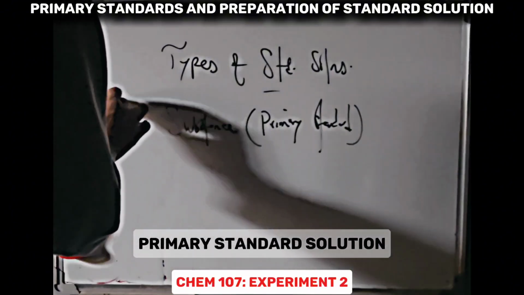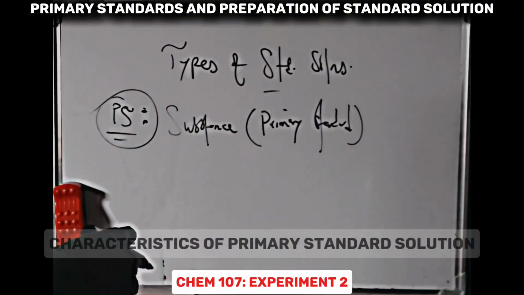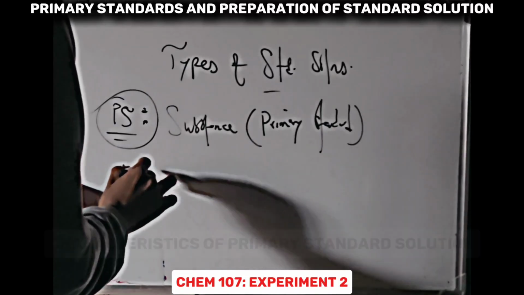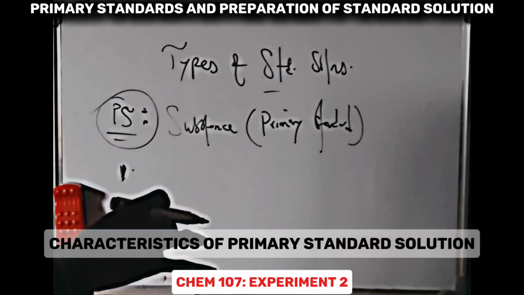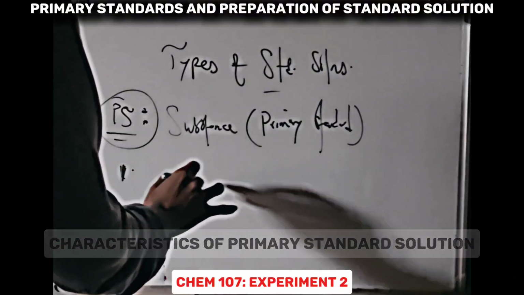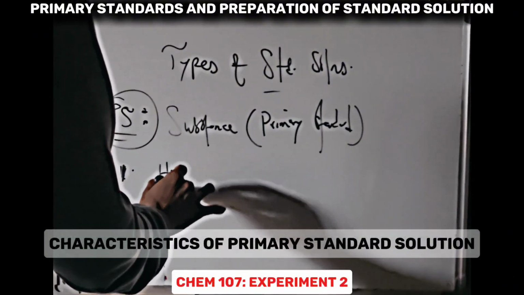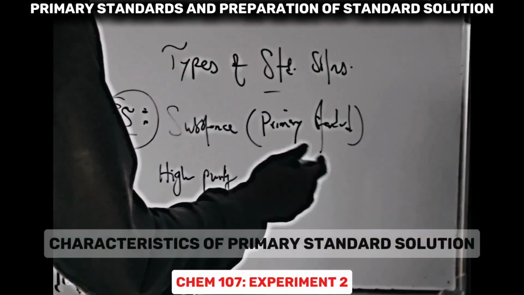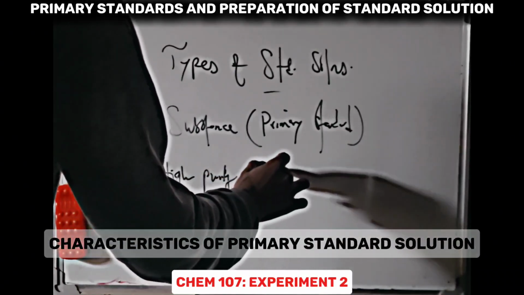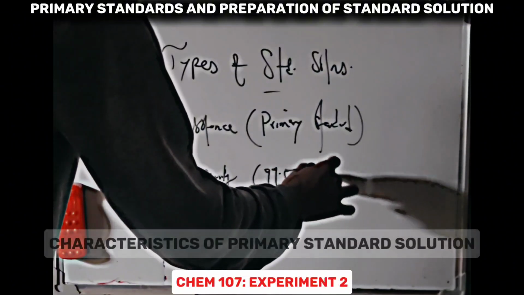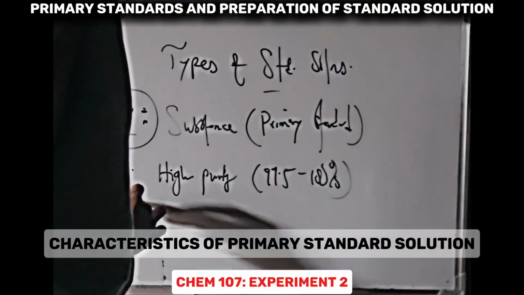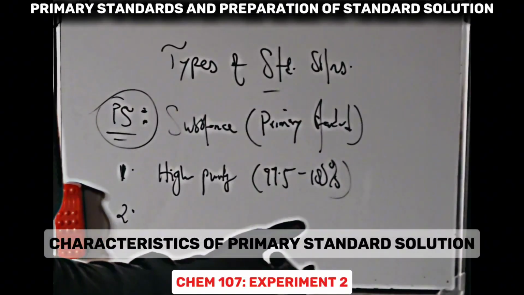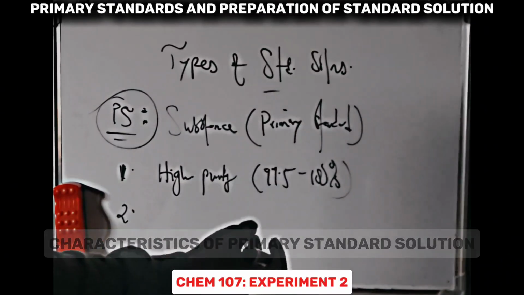So the basic requirements for primary standard solutions are: first, it must be of high purity, usually around 99.5 to 100 percent, made from standard substances with definite chemical composition.